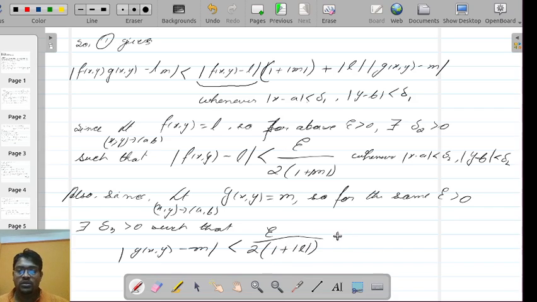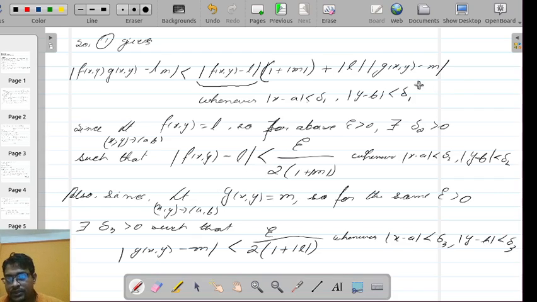This happens whenever mod of x minus a is less than delta 3 and mod of y minus b is less than delta 3. Now what should be our next step? Let us name this as 2.